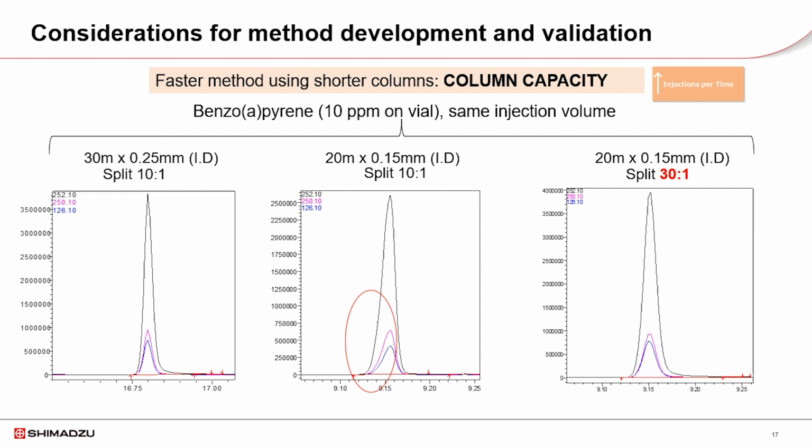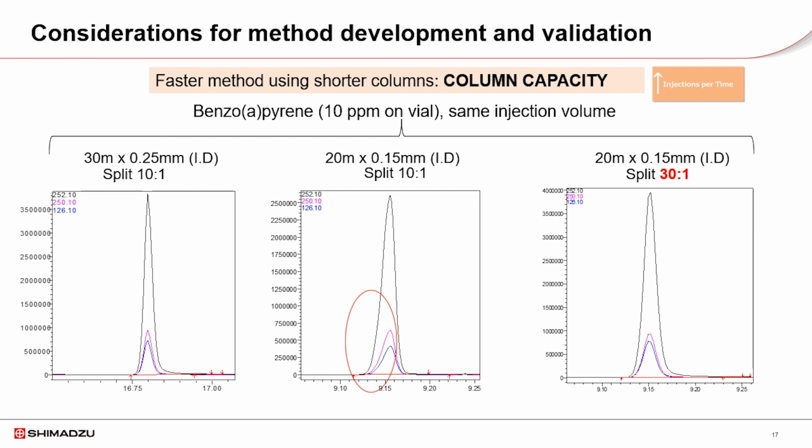But the middle chromatogram, which used a narrow bore column with the same injection volume, is not a good result, because the injection volume is over the column capacity, so the chromatogram is leading. Of course, we can use this method as long as it passes the method criteria. However, it is not perfect.